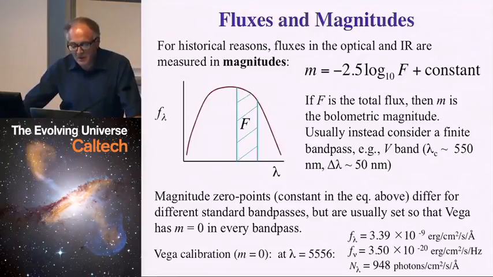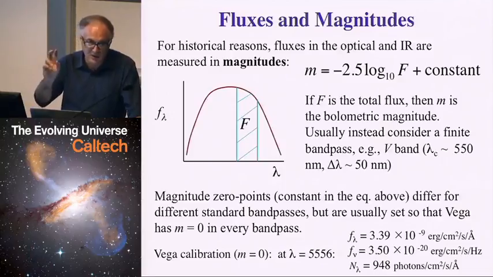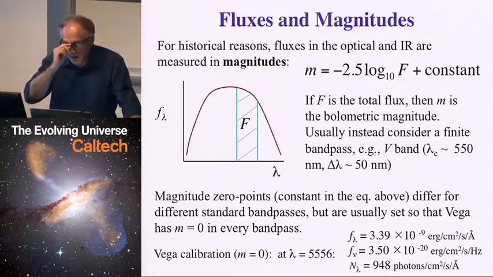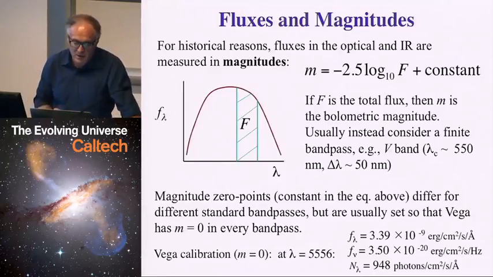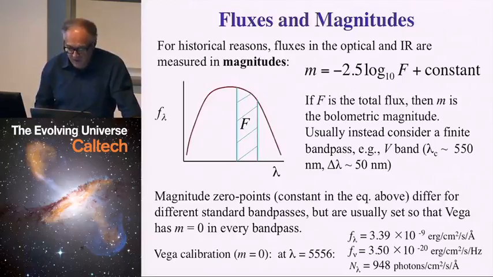But at any rate, what happens is when you have a detector like a CCD and you're taking a picture through a given filter like a V or blue or something, you're integrating flux over a certain wavelength regime, and that total amount, you take the log of that, multiply by minus 2.5, and add the 0 point, and you've got the magnitude. So it's an upside down logarithmic scale with a weird unit, and an even weirder 0 point.